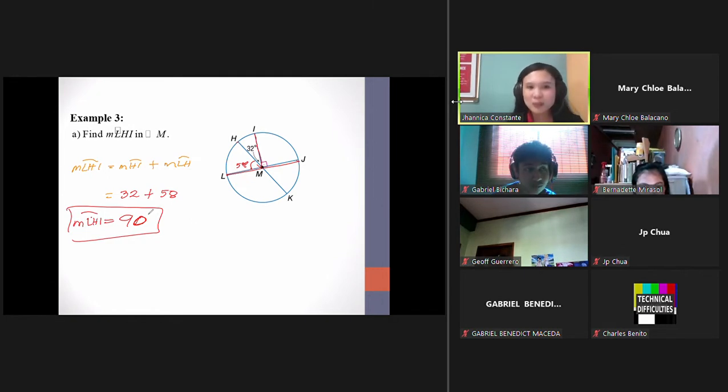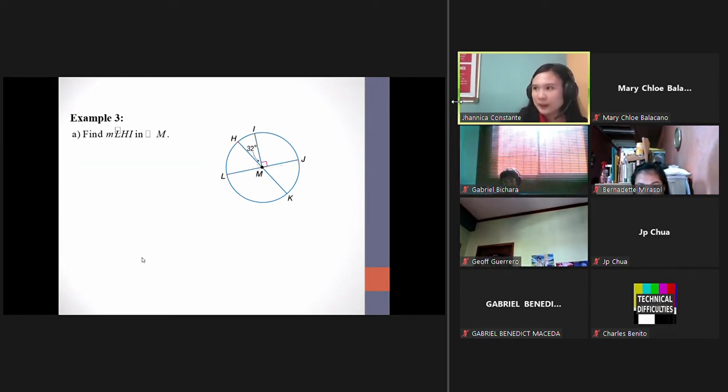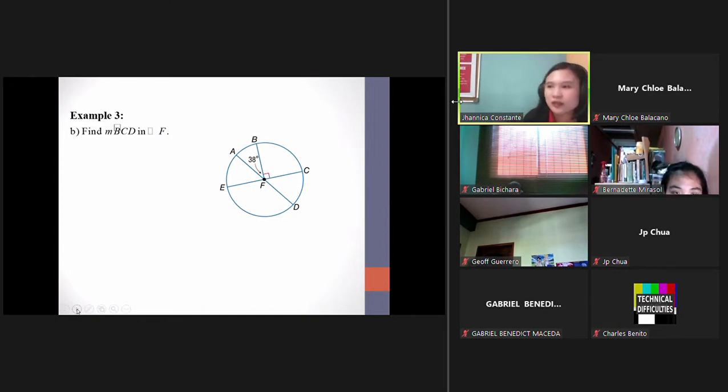Okay, another example for adjacent arc. We have this circle. We need to find the measurement of our arc BCD. That's the arc that we're going to solve.